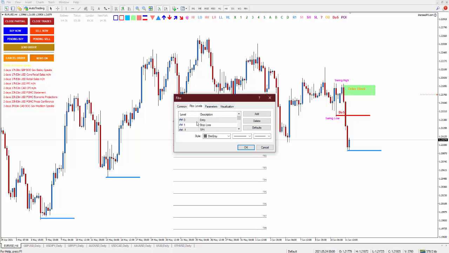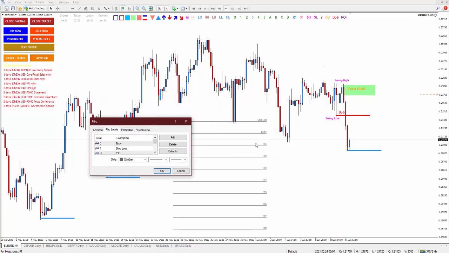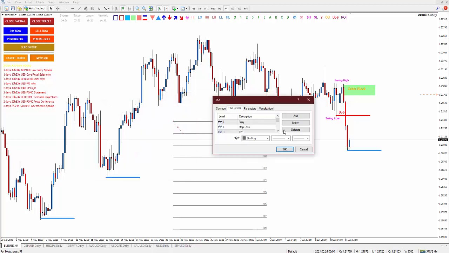But right now, if you want to make a risk reward like me, like this, for order block trading, you just delete everything in here. Choose one, delete. You make level 0 description entry, and then level 1 description stop loss, and then -1 for take profit 1, -2 for take profit 2, -3 for take profit 3, etc. You can make it up to 50, 100. It is up to you.